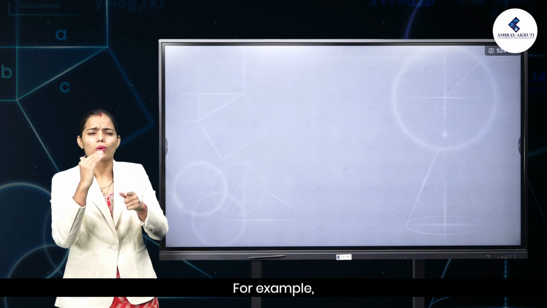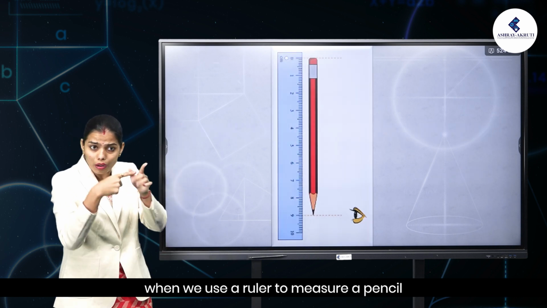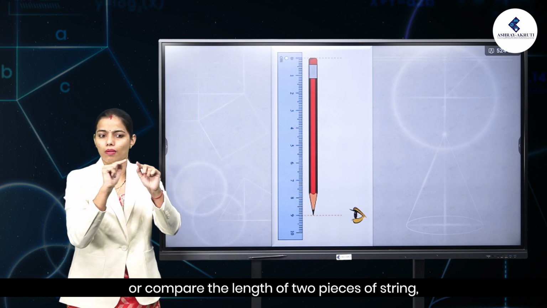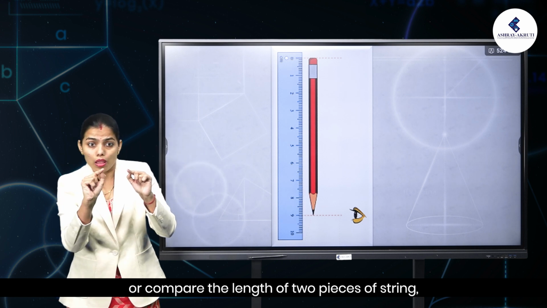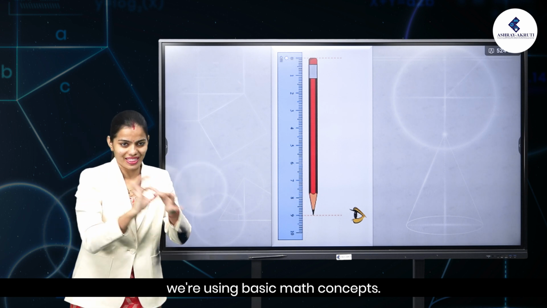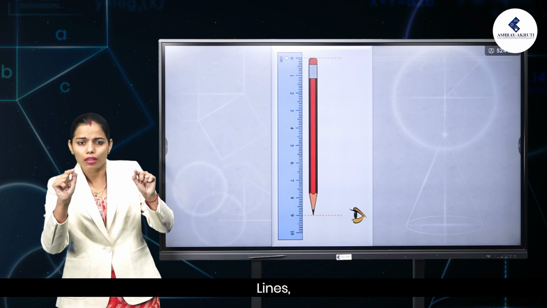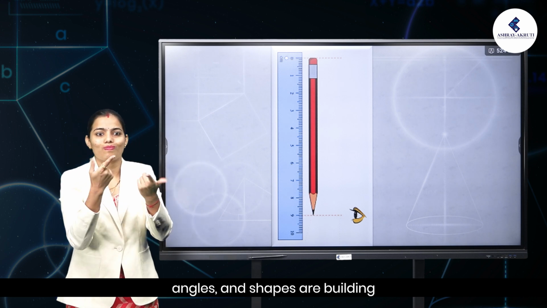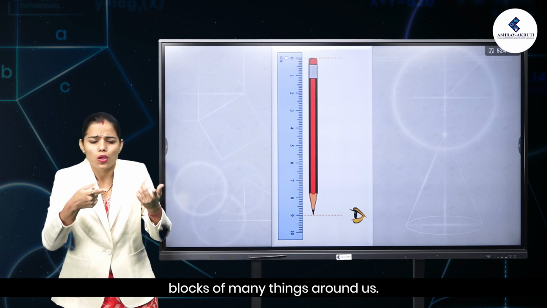For example, when we use a ruler to measure a pencil or compare the length of two pieces of string, we are using basic math concepts. Lines, angles, and shapes are building blocks of many things around us.